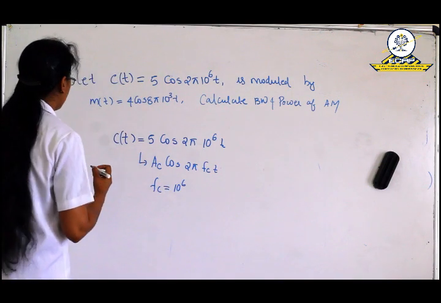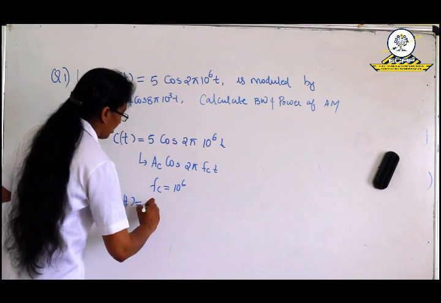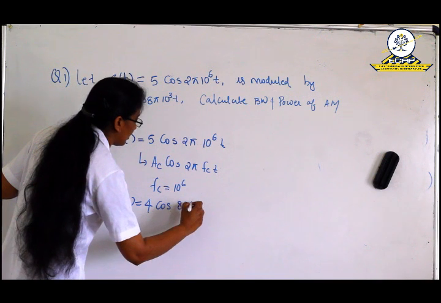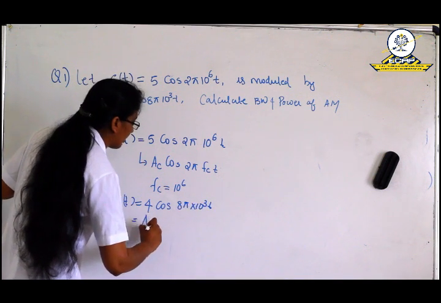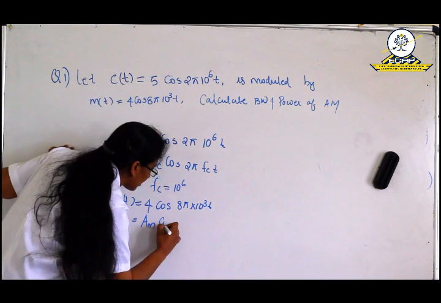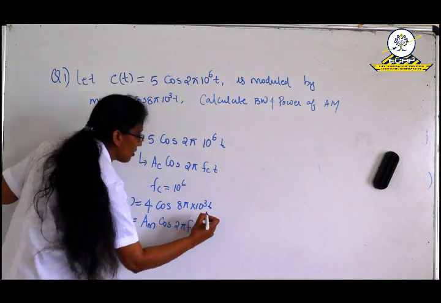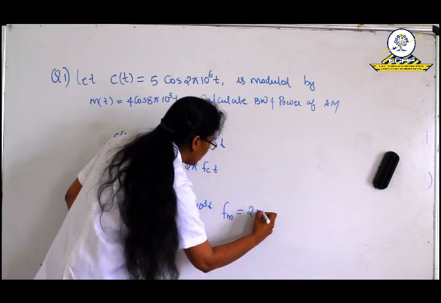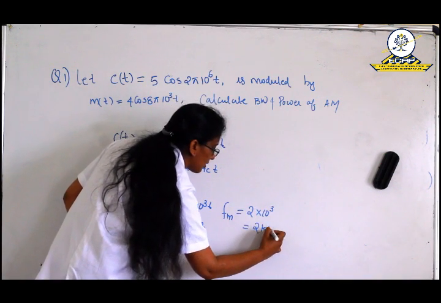Now, the message signal M of t is equal to 4 cos 8 pi into 10 cube t. By comparing it with our standard equation, AM cos 2 pi Fm t.